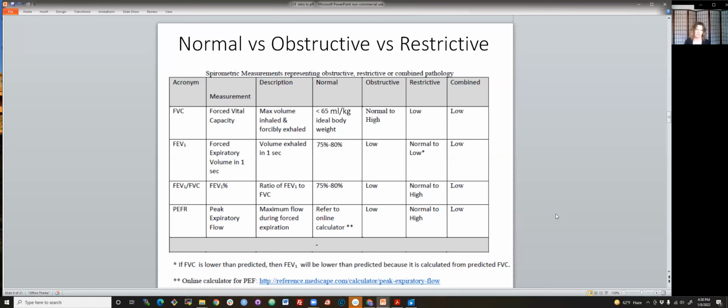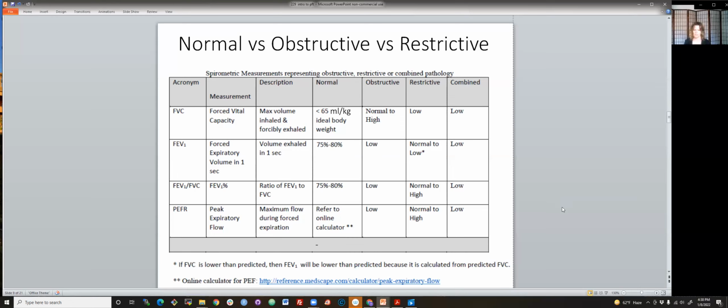Now, peak expiratory flow rate here is something you have probably seen when you're dealing with people that are asthmatic. We like to measure that to see if the bronchodilators are working. We measure it, it's low, we give them bronchodilator, and we see if it improves. So this is the maximum flow during forced expiration.